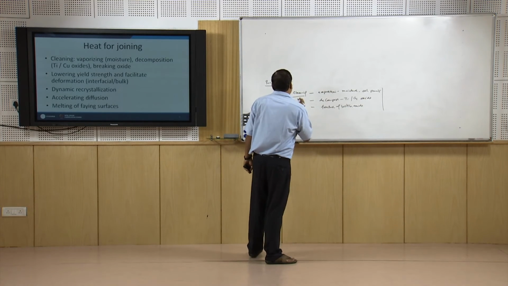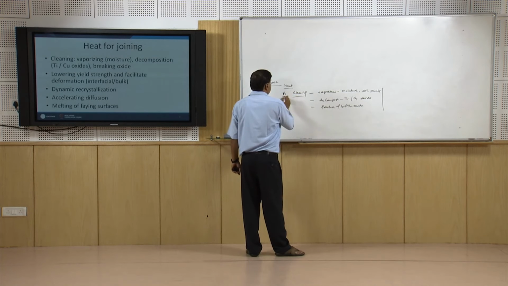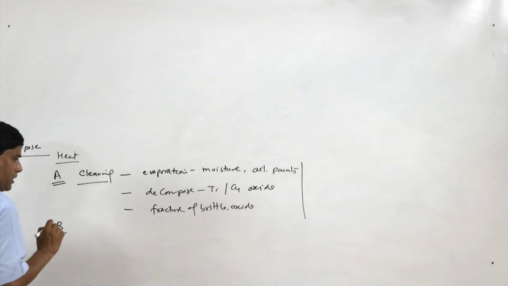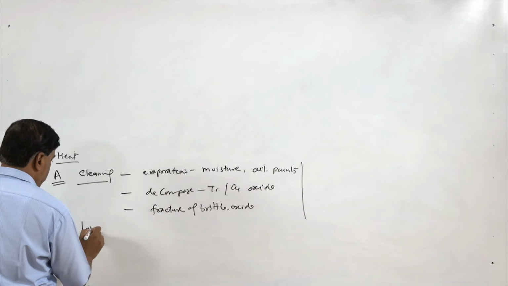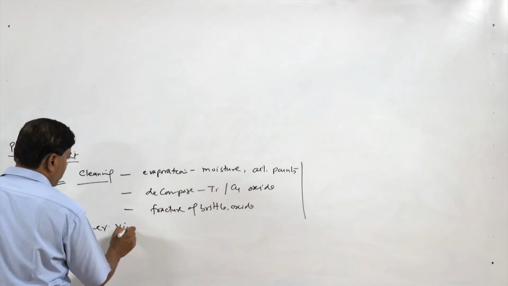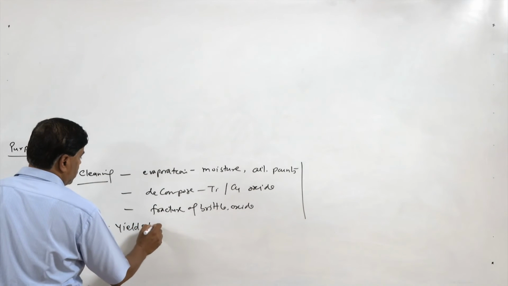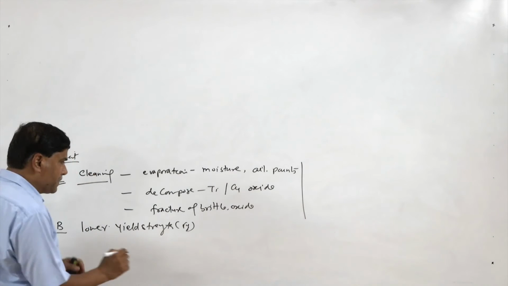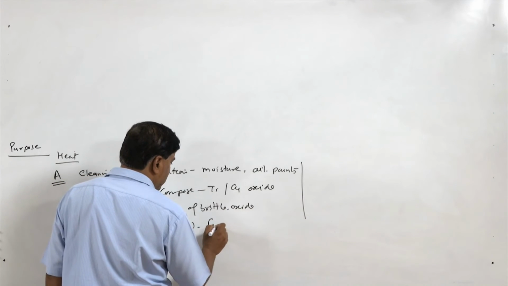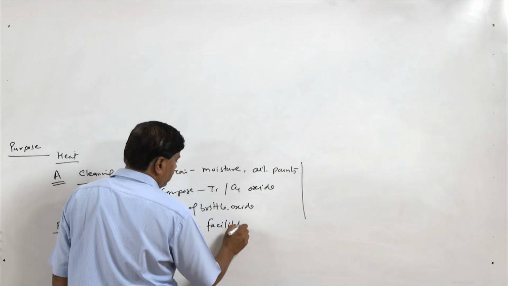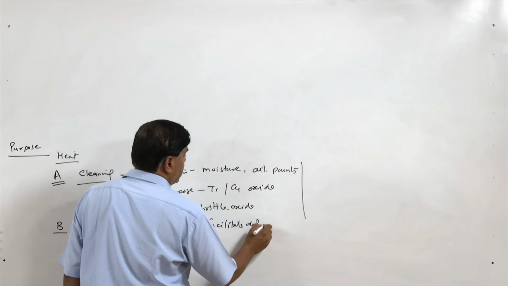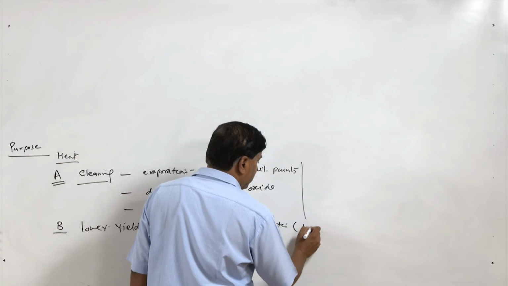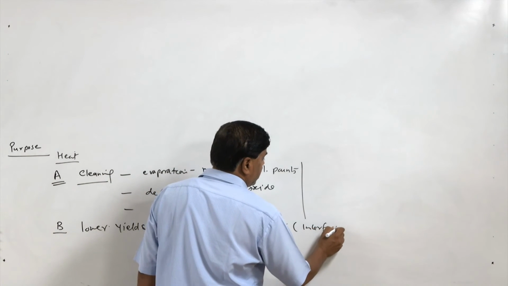This is one big factor. The second is that the application of heat helps to lower the yield strength of the metal. Reduction in the yield strength sigma y of the metal helps to facilitate the deformation. In some processes this deformation is interfacial, and in some it is bulk.